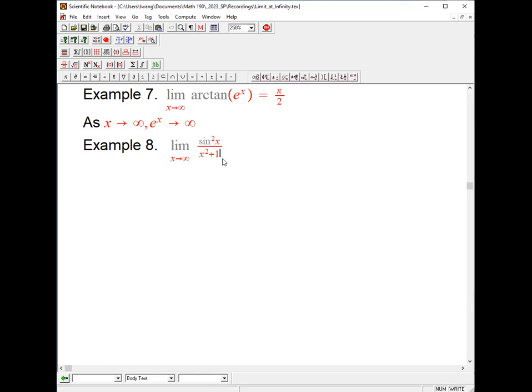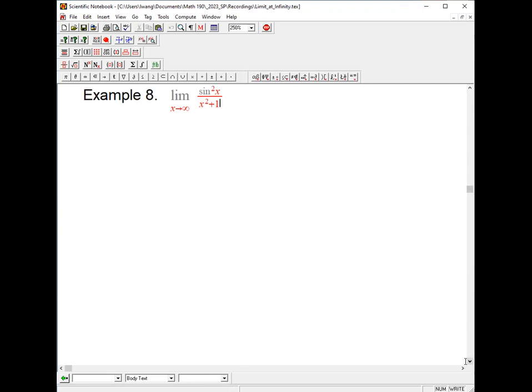Can we take the limit individually? The answer is no, of course. But can we use the technique of dividing by x squared? Well, you could, but it would be so much better. Actually, we can use the squeeze theorem here.